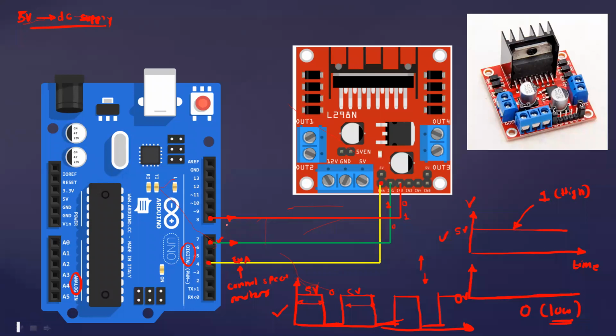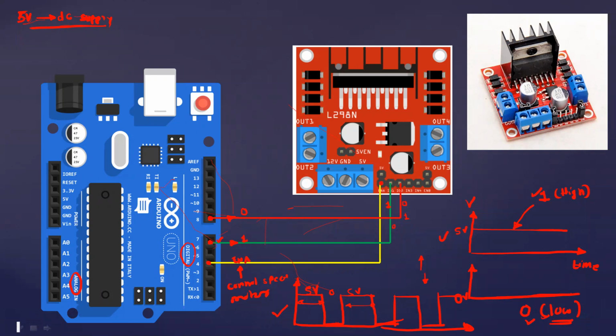In the programming, we need to set pin number 7 as high so that it can supply the 1, and we need to set pin number 8 as low, so it will supply the 0, so that the motor will run in the clockwise direction. So let us take this as 1 and this as 0. This is the connection of the enable pin, input 1, and input 2.